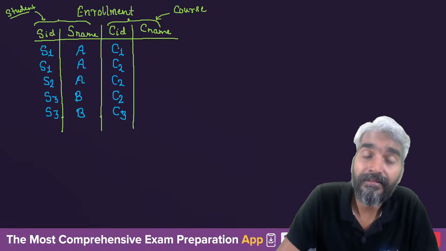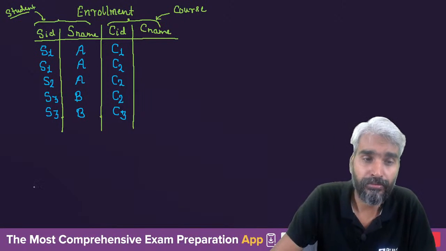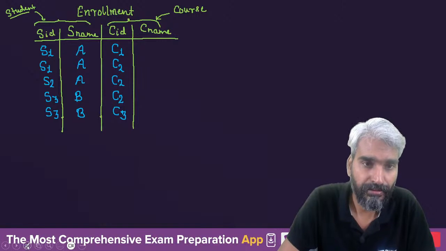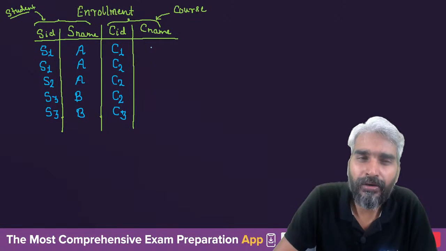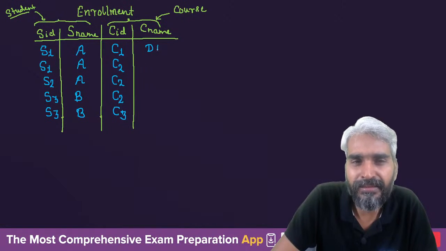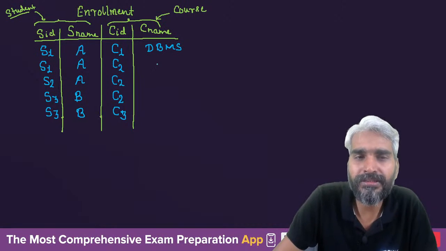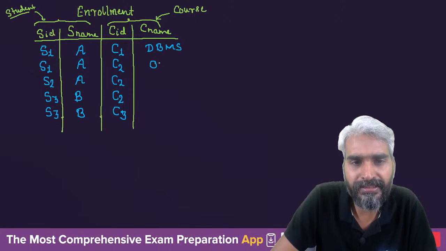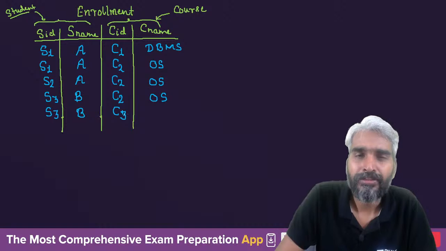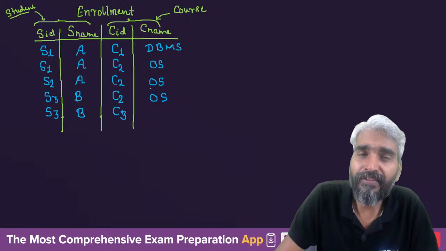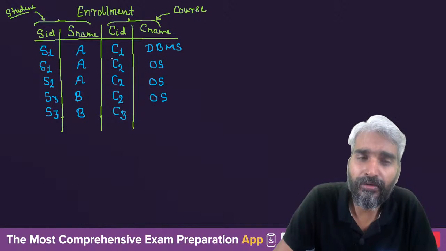Now, let's look at this course. So C1. So let's assume the course C1 is database management system, right? And course C2 is your operating system. So now tell me, can we have two different courses?